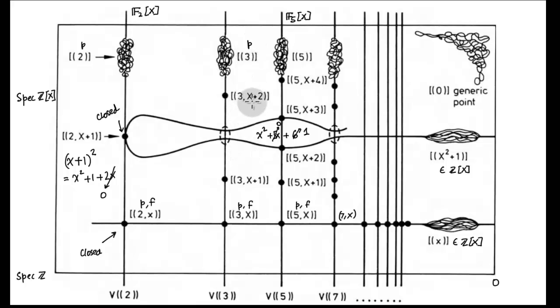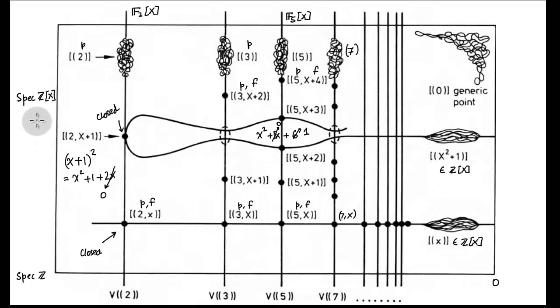Another ideal here is of the form (p, f). This x + 2 is irreducible, p is prime, this is closed. Here you have (5, x+4). We know that it is irreducible. This is prime, but it is not maximal. This is again a generic point. Take its closure, you get the entire space. Similarly, this corresponds to 7, and so on.